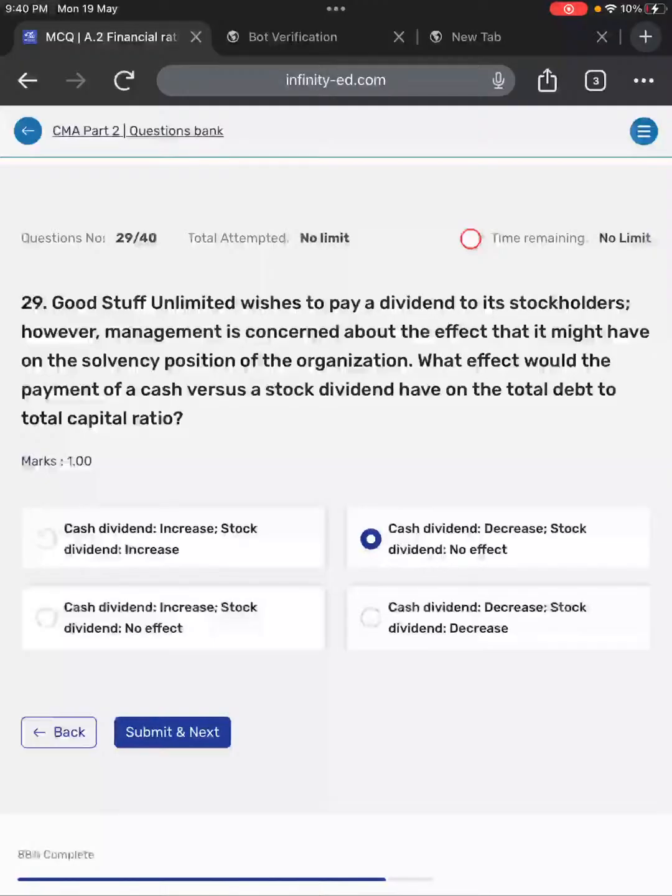With cash dividend, capital will be less, so the ratio will increase. Debt to equity, no effect.